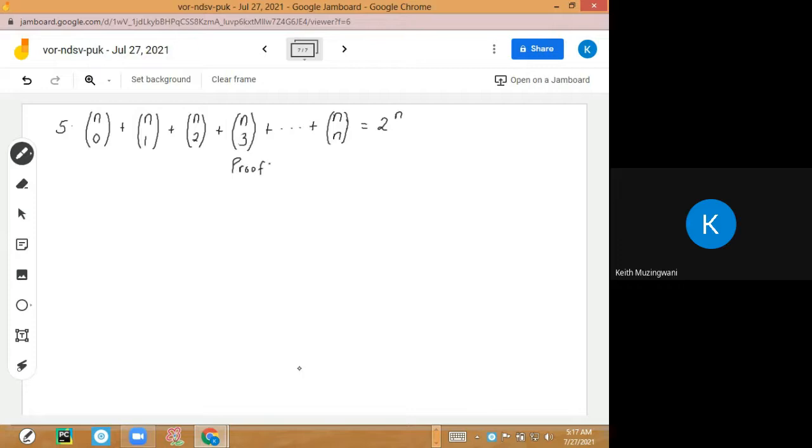The proof of this is just getting the binomial. Since we said the binomial theorem is just a plus b to the power n, and we're expanding it in this way, get it as it is. It's the only thing that has these coefficients in this order. So you put it as it is.